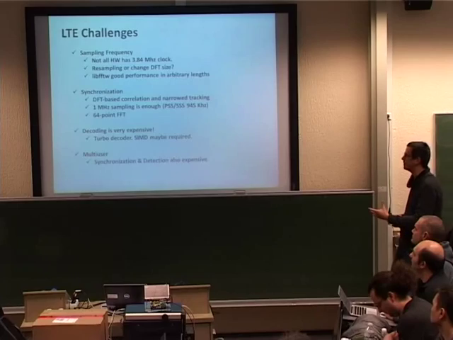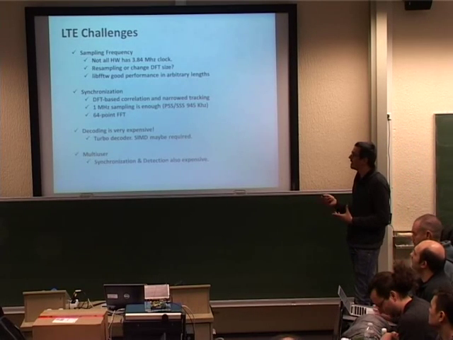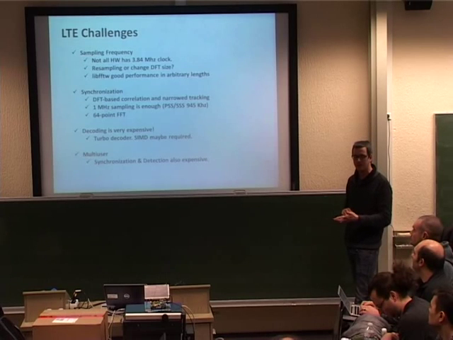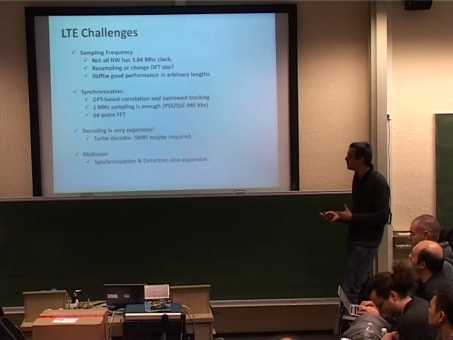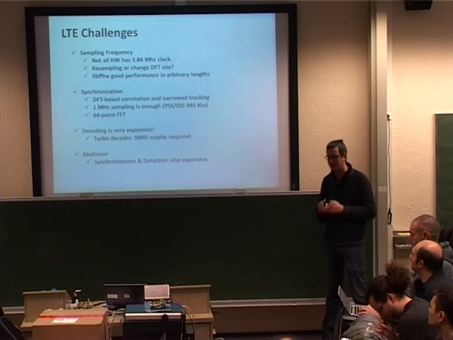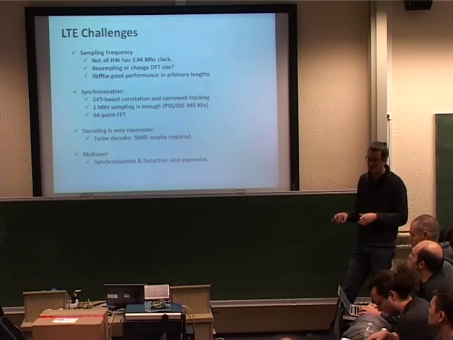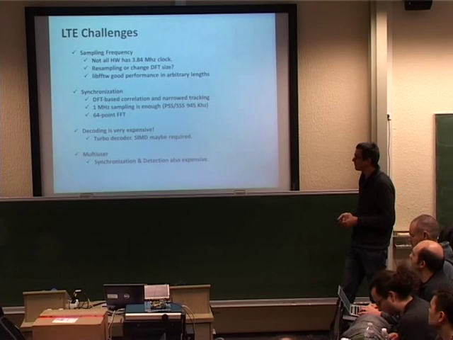Resampling is very expensive, but as Tom pointed out before, FFTW has a very good performance, even if the length of the DFT is not a power of 2. So maybe one of the solutions is not sampling at the clock that you should sample, but then not changing the length of the DFT.